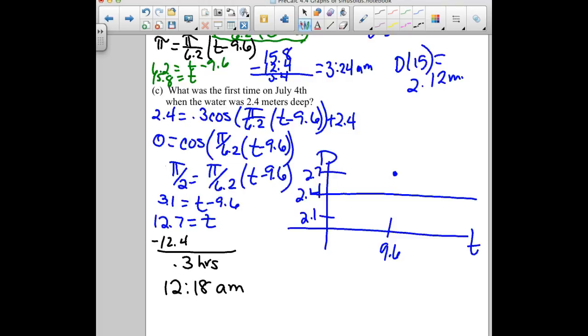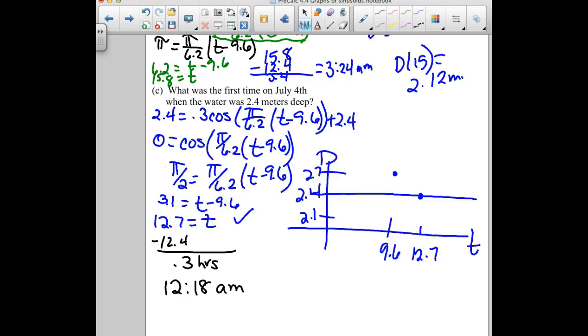Okay, so if we think about it, we said increments for time, for the period, we cut it into 4 increments, and we got how long? 3.1. So every 3.1 hours would be another tick mark. So if we add 3.1 to this, we get 12.7. And that was when we hit the 0 line, right? Well, we just found that right here. At 12.7, we were at 2.4 meters for depth.